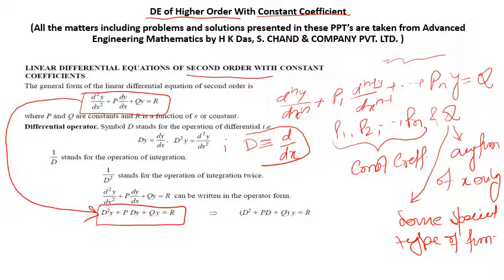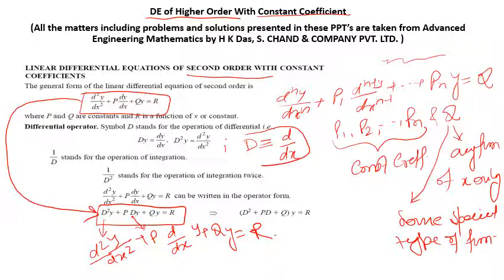using this operator: D squared plus P D plus Q applied to y is equal to r. And this differential equation can be converted into this form.